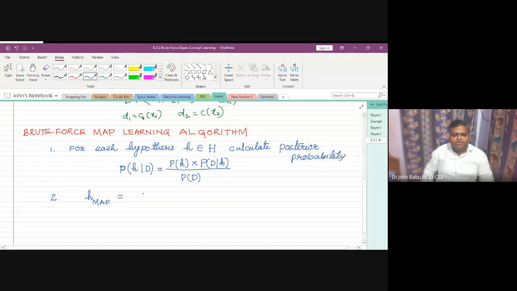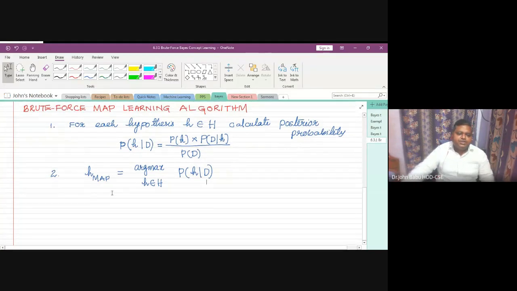H map is argmax, which returns the maximum value, over h belonging to capital H, of the probability of h given D. We have already written it and solved this in the previous class. But here we want to propose the algorithm.